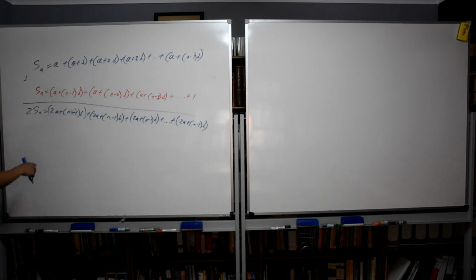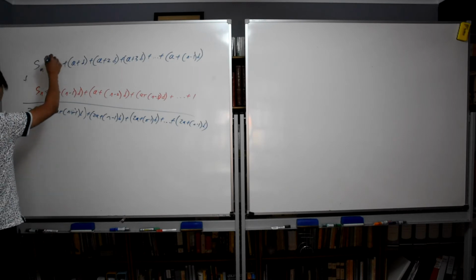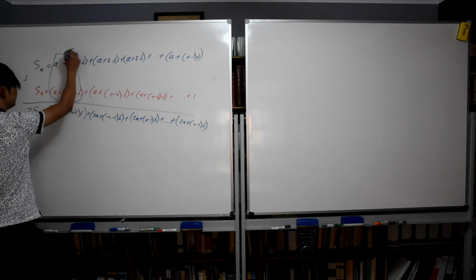Now, how many of these brackets of 2a plus n minus 1 d are there? They're going to be n vertical columns.